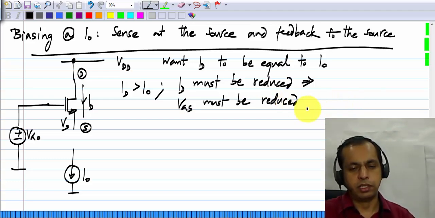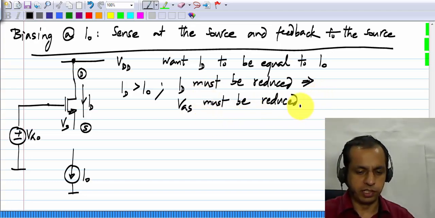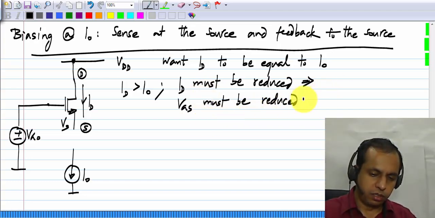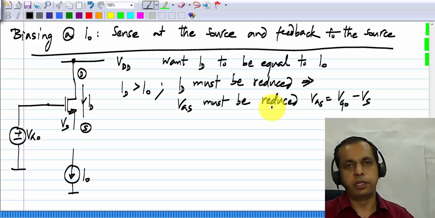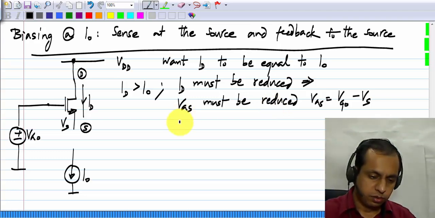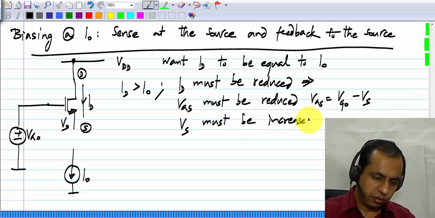Obviously ID is an increasing function of VGS. If ID has to be reduced, VGS has to be reduced, and VGS itself equals VG0, which is fixed, minus Vs, which we can vary in this circuit. So this clearly means that Vs must be increased.